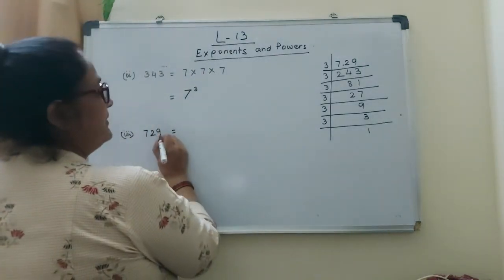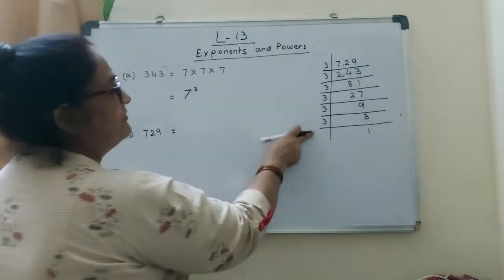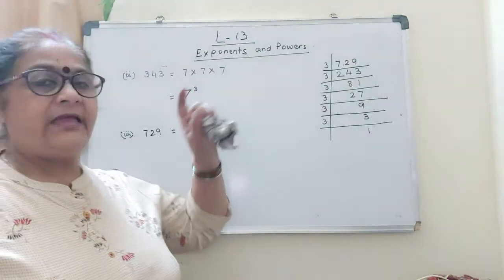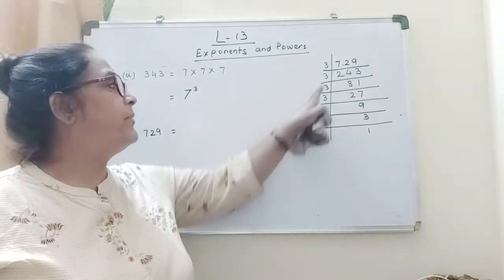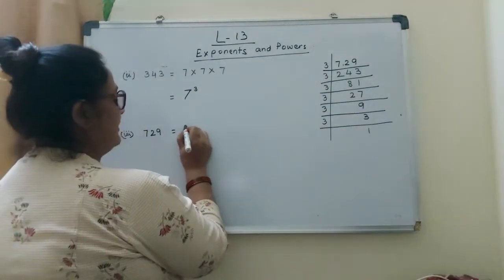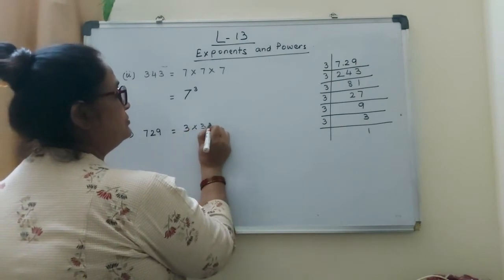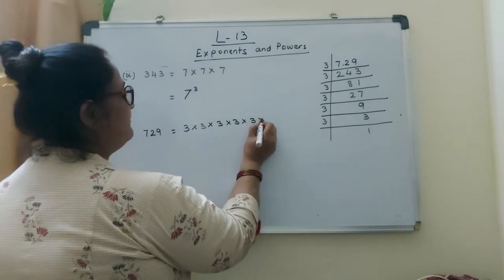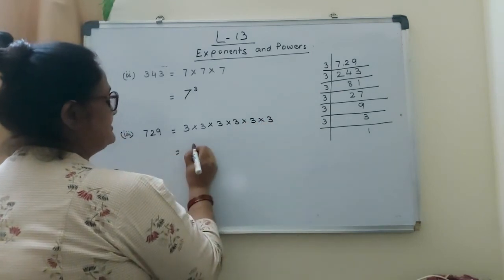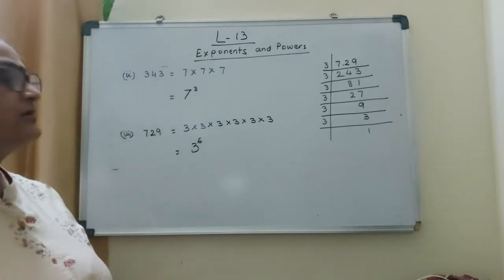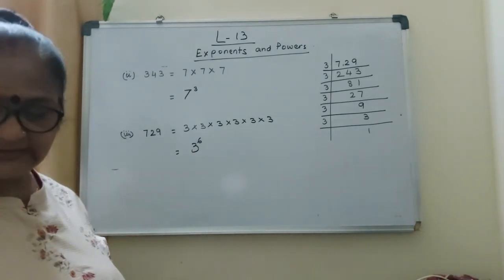So 729 can be expressed in the exponential form or the power of 3, because it's divisible by 3. 1, 2, 3, 4, 5, 6. So it is 3 which is occurring 6 times. 3 raised to the power of 6.